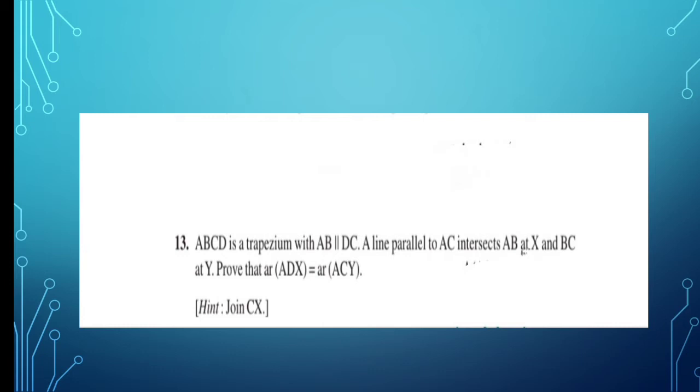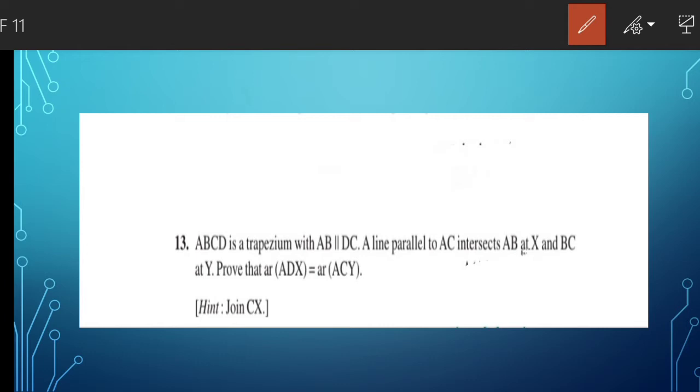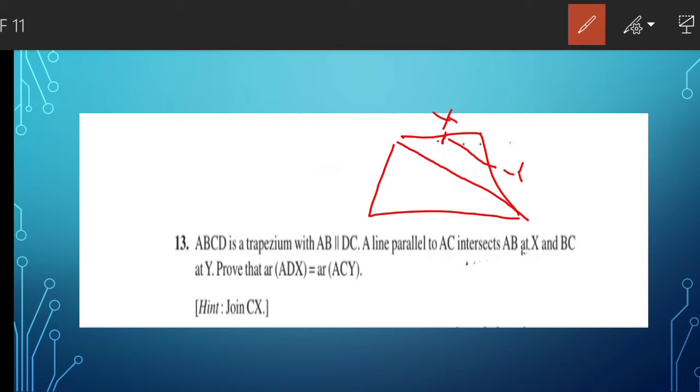A line parallel to AC intersects AB at X and BC at Y. So we have a trapezium ABCD and a line parallel to AC meeting AB at X. So AC and X, Y, B, A, C, D.